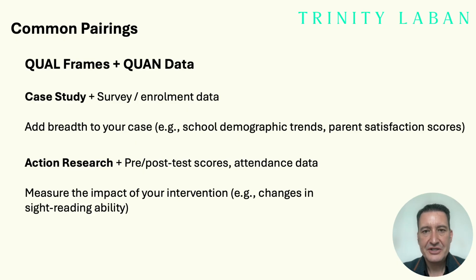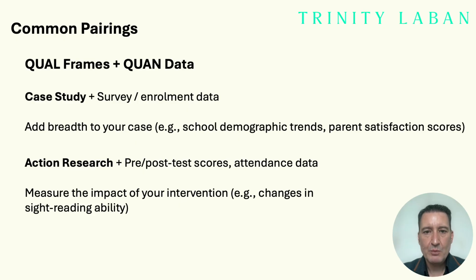Similarly, with action research, you might have either a pre or a post-test score, or perhaps you might have some attendance data. So let's imagine that you're exploring a new approach to teaching sight reading. The core of your action research is still going to be that qualitative data. It's still going to be based on your observations, perhaps your interviews with students.